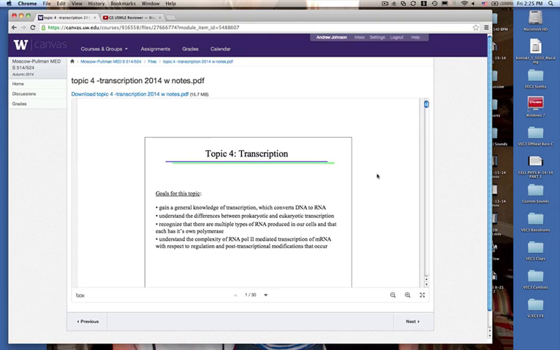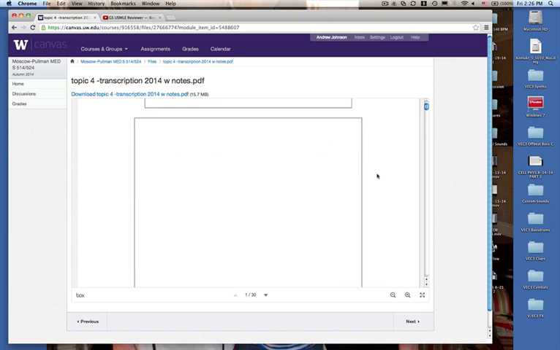Our RNA polymerases can read double-stranded DNA or single-stranded DNA and decode that into an RNA string, right? That's the basic principle of transcription.